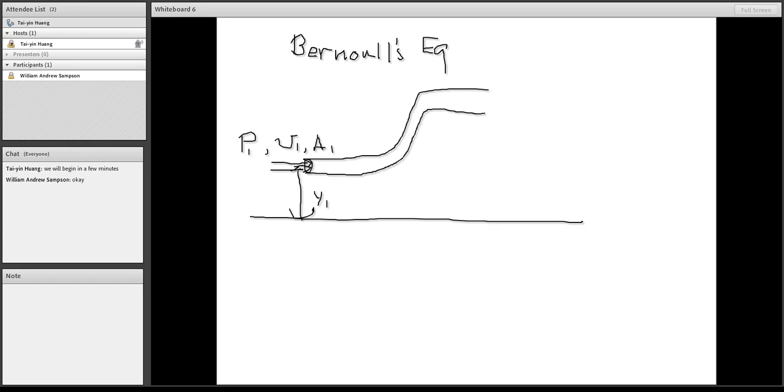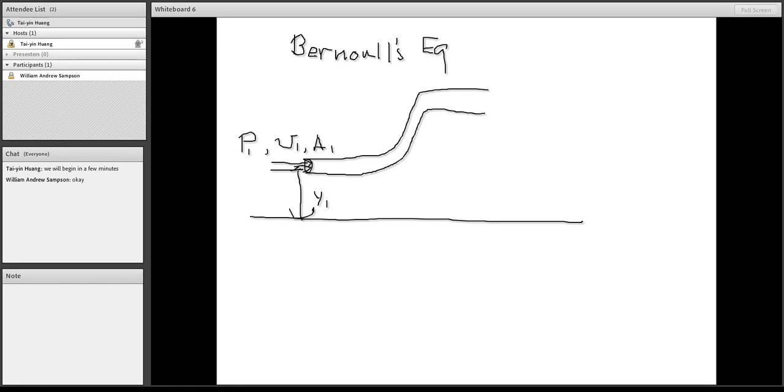In other words, you have a fluid going through a channel, and that channel is some distance y1 above the ground, moving at a velocity v1 through a cross-sectional area A1, and the pressure on the left is P1.